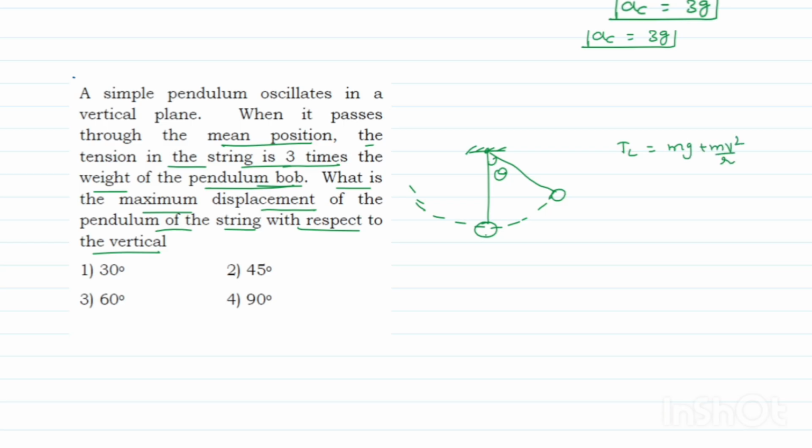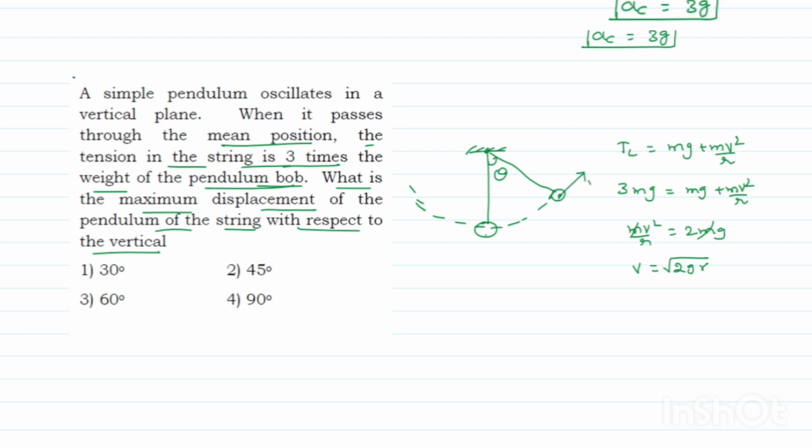Tension at the lowest point is given as 3 times the weight, 3mg. So mg plus mv square by r equals 3mg, that means mv square by r is 2mg. Bring this side, m gets cancelled, and v equals square root of 2gr.